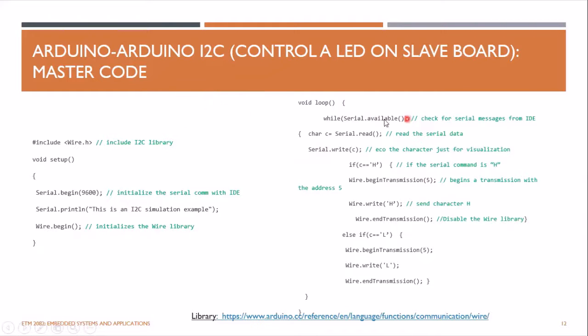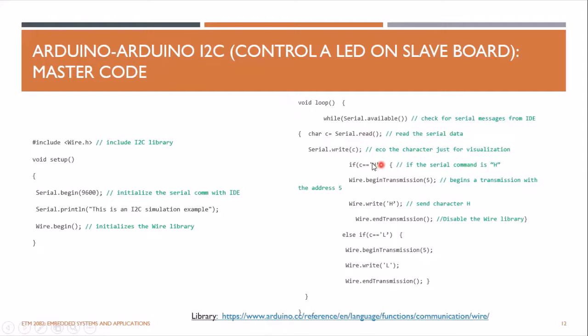If I type capital H or capital L, whatever character is typed on my computer and sent here will be read and stored into a char variable, which is c, using Serial.read. I will then echo back whatever I have received and display it on the computer, so I have successfully received that data.